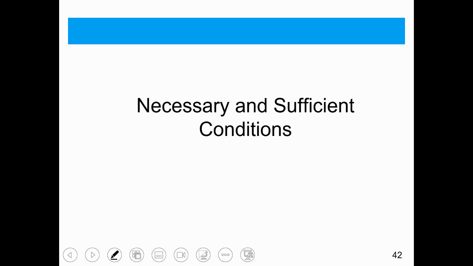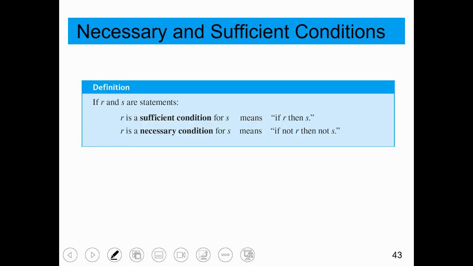Necessary and sufficient conditions. Okay, so think about what these words mean. Necessary means it can happen no other way. Sufficient means it's enough, but other things could also happen. All right. So if it says R is a sufficient condition for S, this means if R happens, then S will happen.